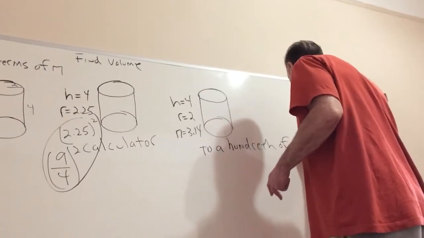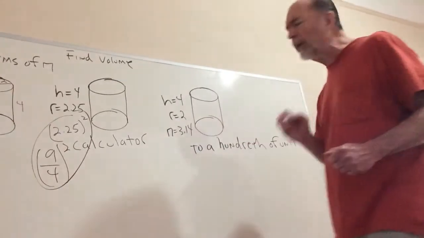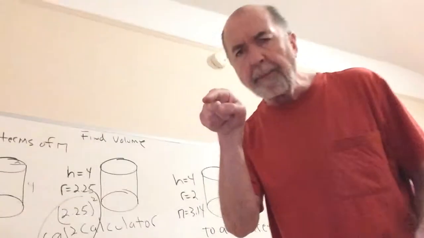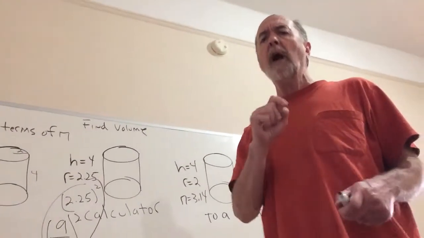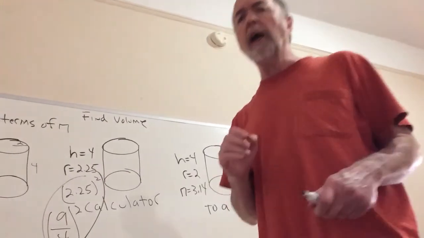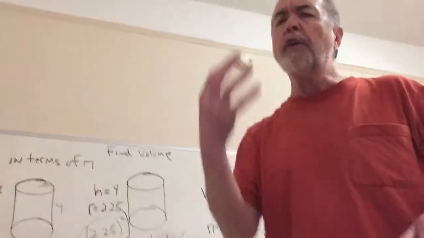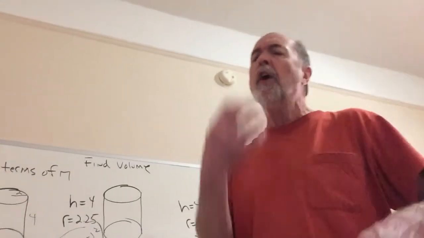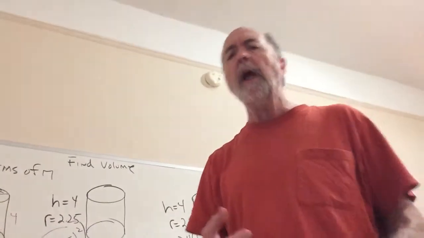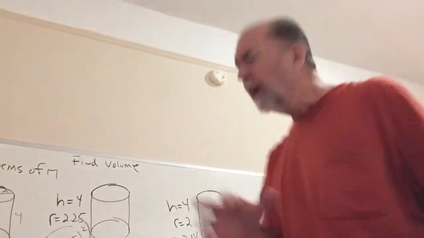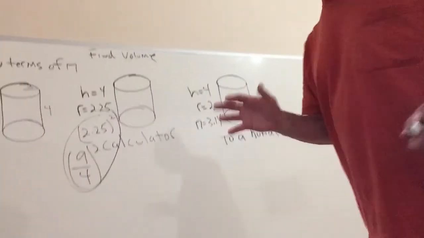And when they do this, they want you to either plug in 3.14, or they want you to press the pi button on your calculator. So you guys would be expected to do some of these problems. When I give them to you, you'd be expected to have a calculator, preferably with a pi button, and we'll spend some time doing those problems, but not a lot.